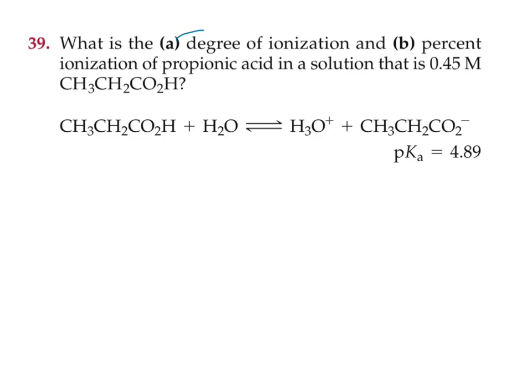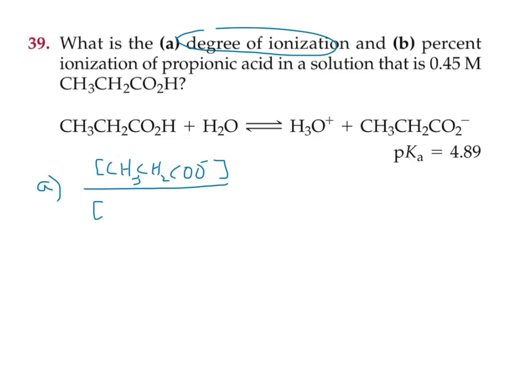When it talks about the degree of ionization, actually A and B are related. The degree of ionization is basically the amount of the molarity of your, after it's kicked off a proton, so the molarity of your CH3CH2COO minus, that molarity divided by the molarity of your weak acid in the first place.